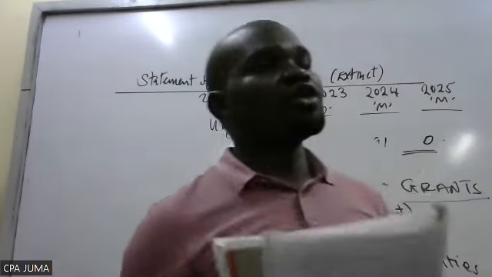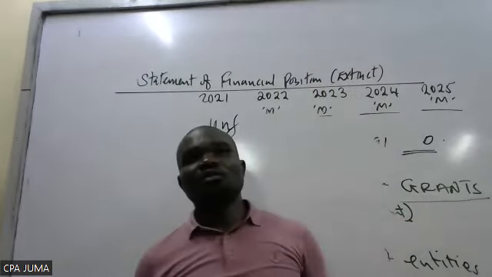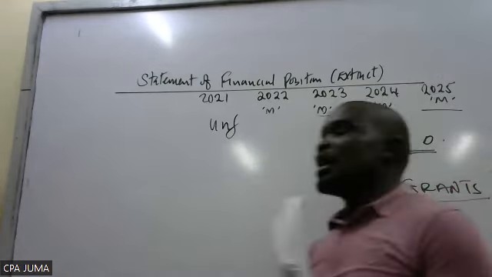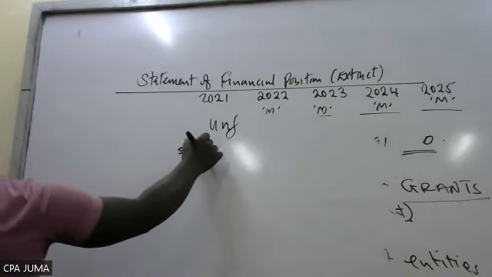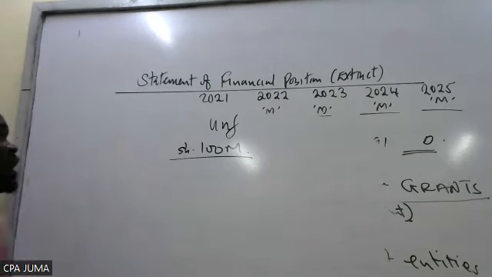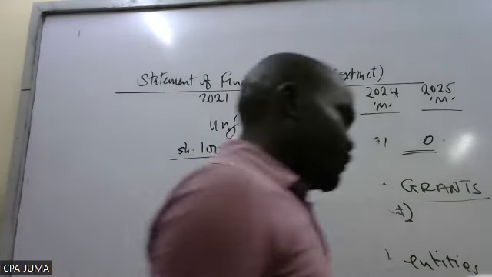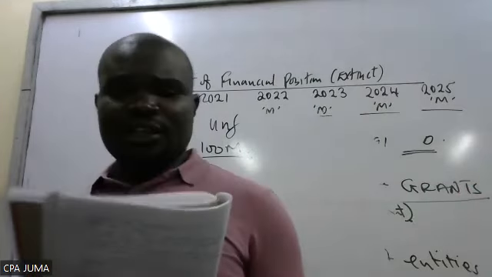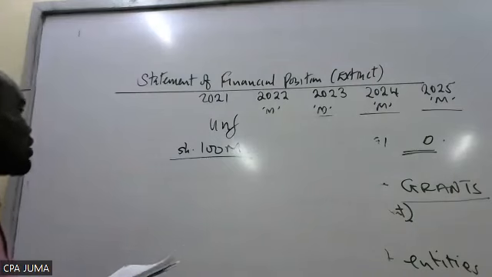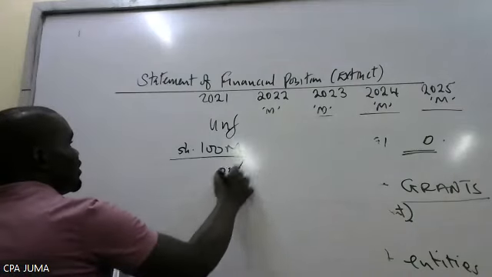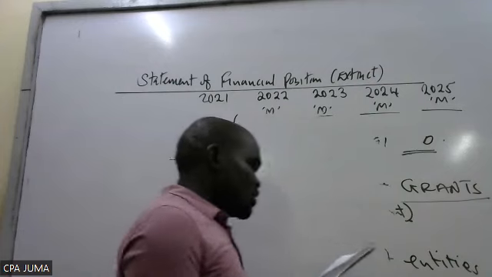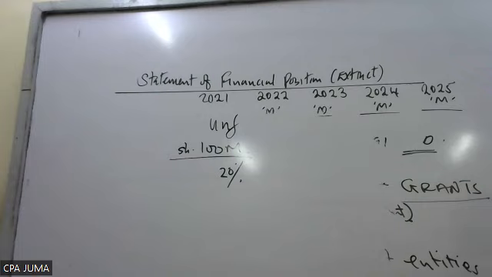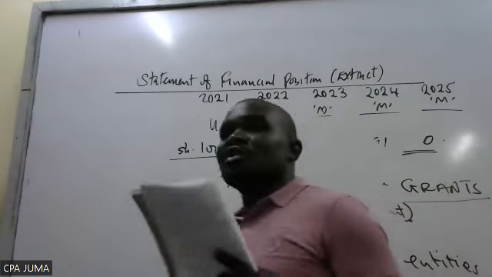The total estimated cost of the facility is shillings 100 million. Full stop. The company has received a 20% grant from the government.